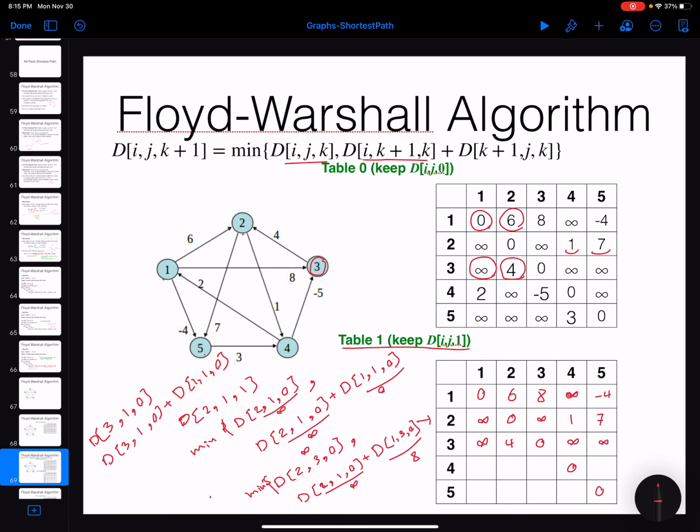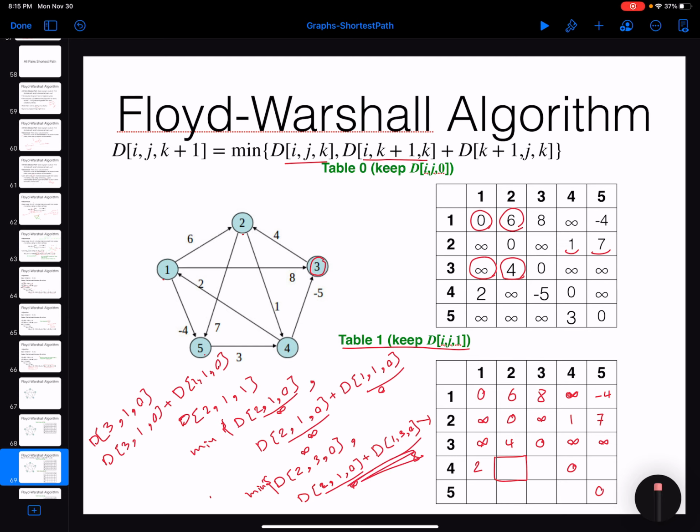The cost of going from the node 4 to 1, this is going to be 2. There is a direct edge. The cost of going from 4 to node 2 using the node 1, this is exactly where the algorithm is going to show me some difference.